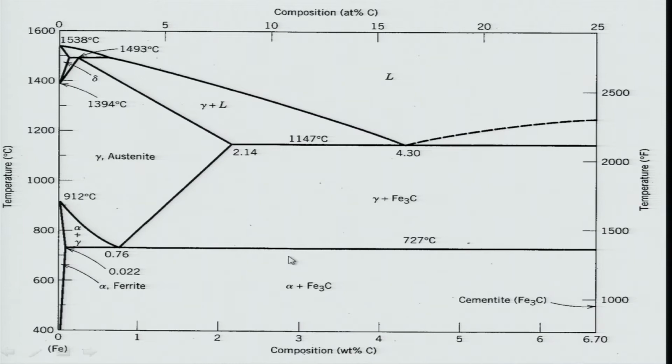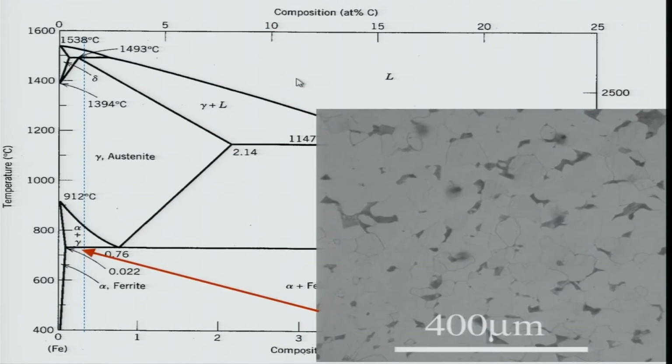So, let us quickly see what kind of microstructures we get. For instance, if I take a hypoeutectoid composition, which is given by this broken line, take the steel into the austenite range and then cool down, then this is the microstructure one would see through the optical microscope: a matrix which is essentially ferrite, and there are darkish regions.